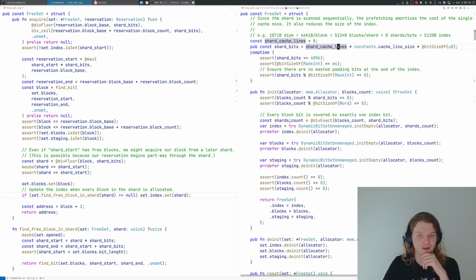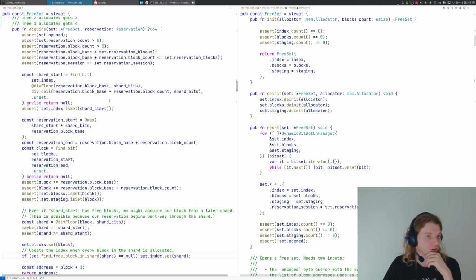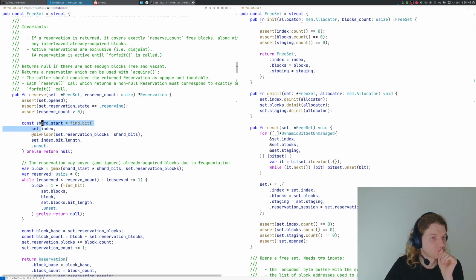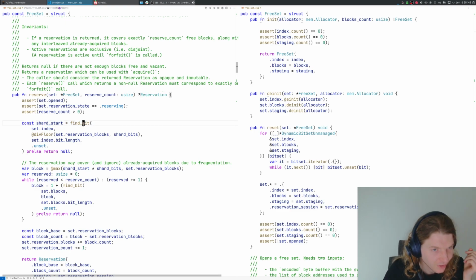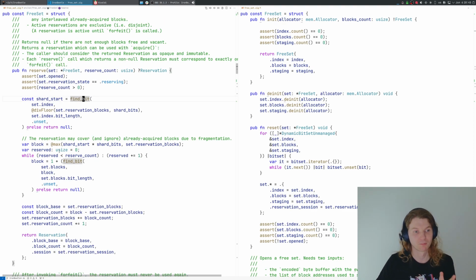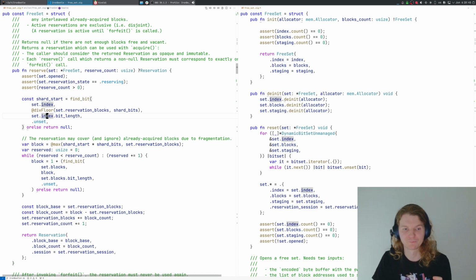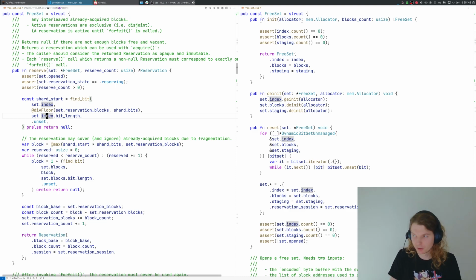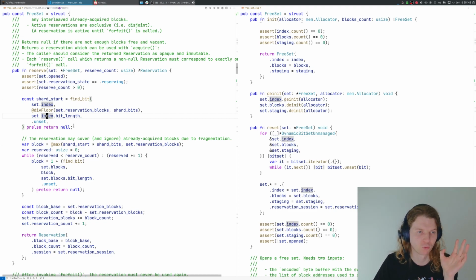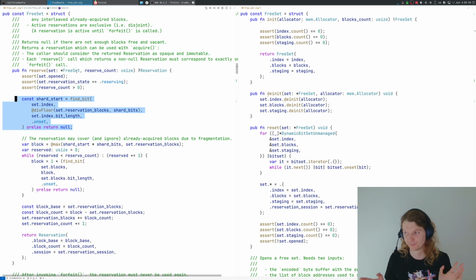Okay, so going back to our reservation, we want to find reserve count unset bits in our blocks bit set. If a bit is unset in the blocks, that means that the corresponding bit is unset in the shard in the index. So we go and find the first unset bit in our index, which is going to be 256 times faster.